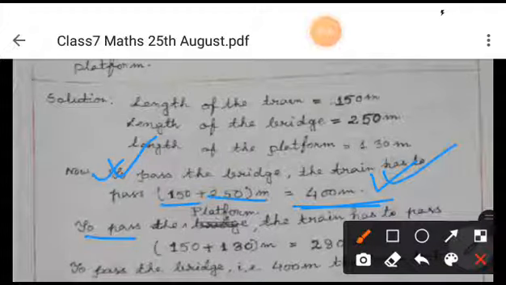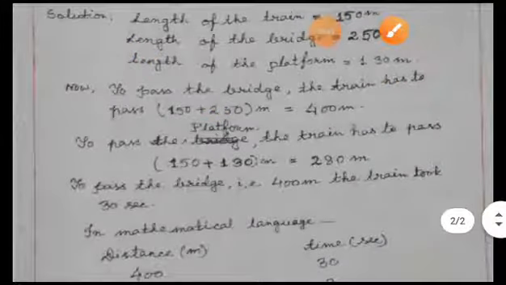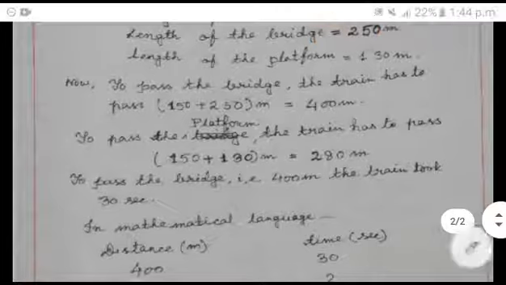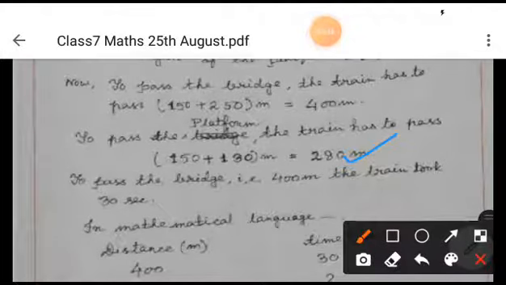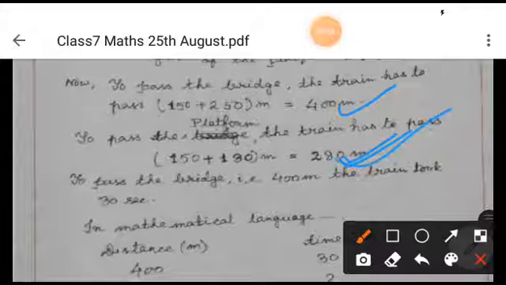Next one, to pass the platform, the train has to pass 150 plus 130, which is 280 meters. So this is the total distance which the train is covering for passing the bridge, and in the second case, this is the total distance which the train is covering to pass the platform.